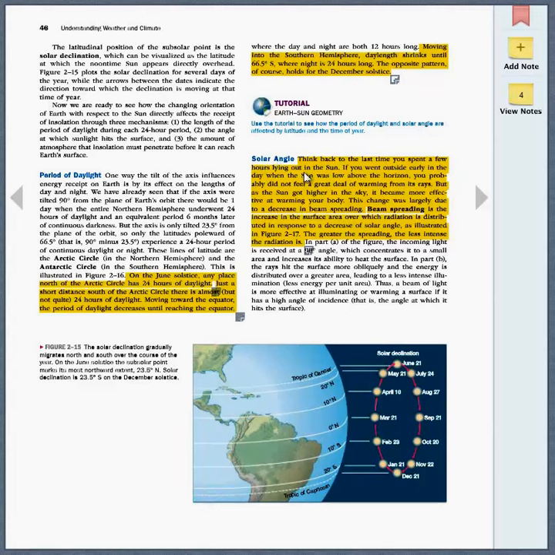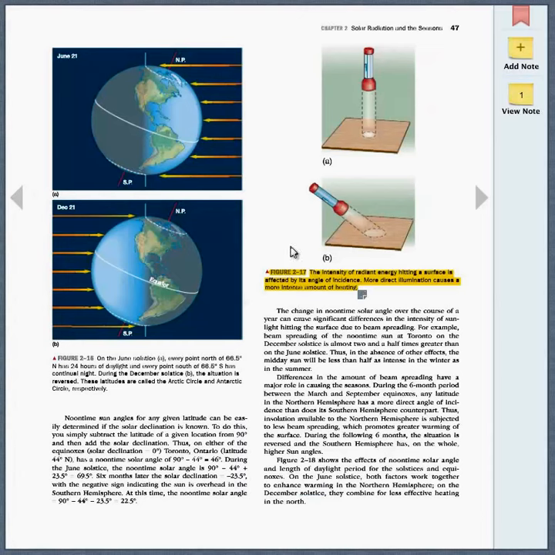Also, you need to understand about the solar angle. The solar angle is the angle of the sun coming at us. It's about whether it is directly overhead or at an angle. They do a description here, but you want to know the definition of beam spreading. There's also a picture on figure 2-17 on page 47 that shows a flashlight, direct sunlight coming in.